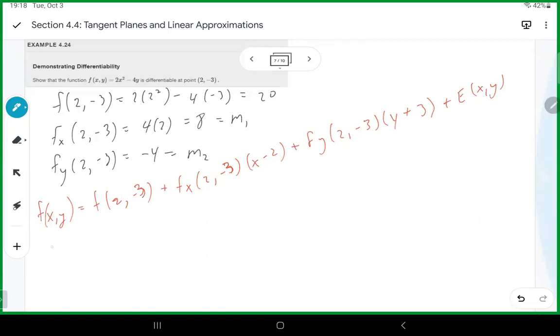So 2x² minus 4y equal to 20 plus 8 plus, again, -4.